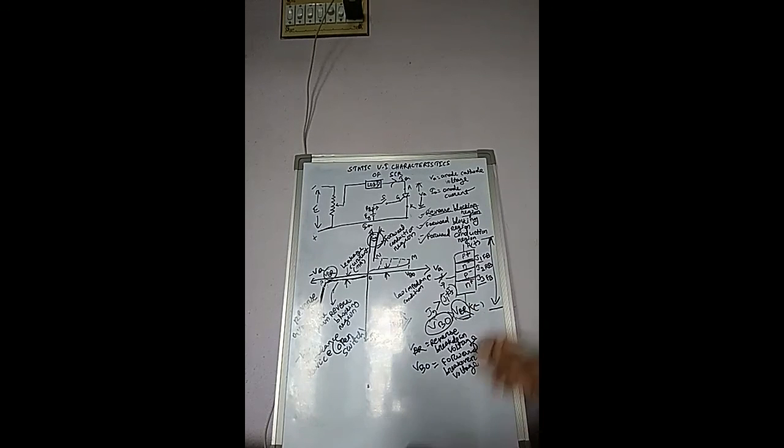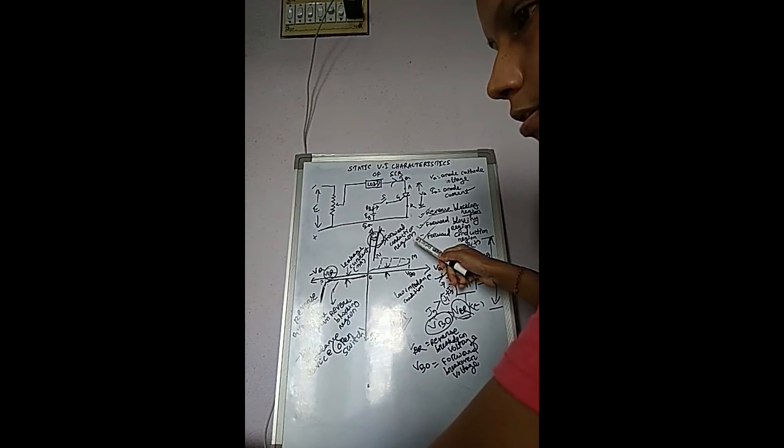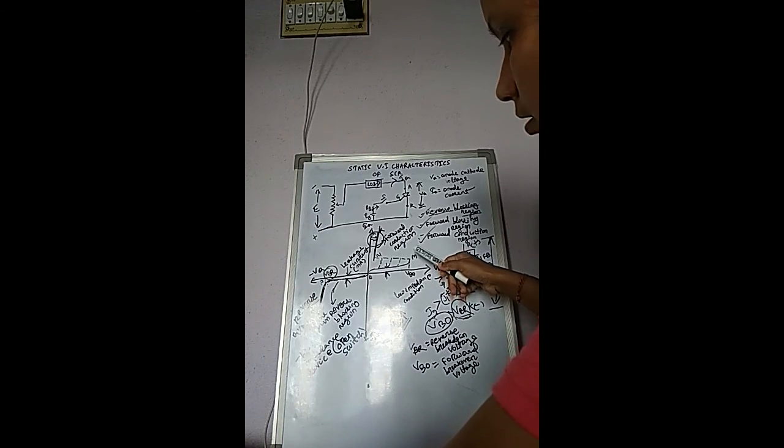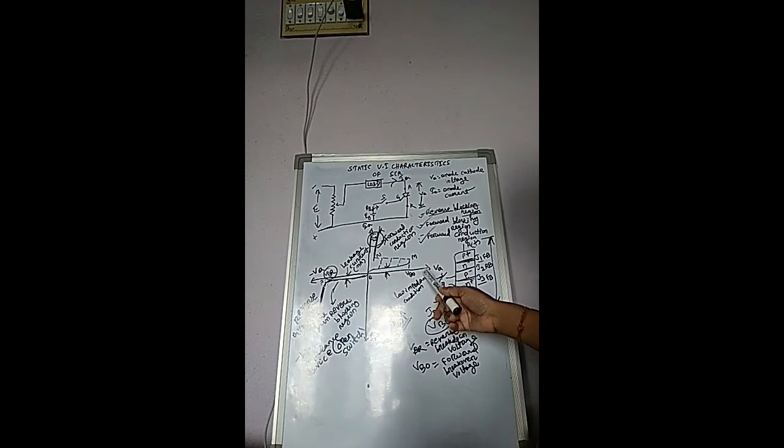Clearly understood about this part? Then next, I already told you the forward conduction region also, how the device switches from off state to on state when it reaches VBO, forward breakover voltage. But now I will tell you another part of this forward conduction region.